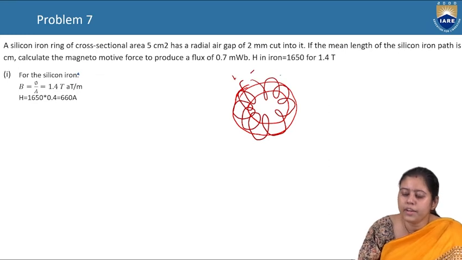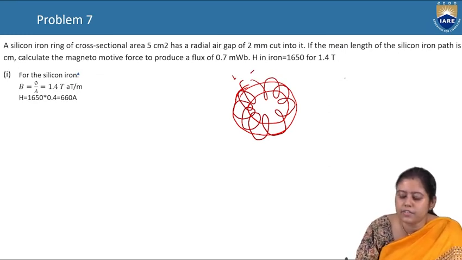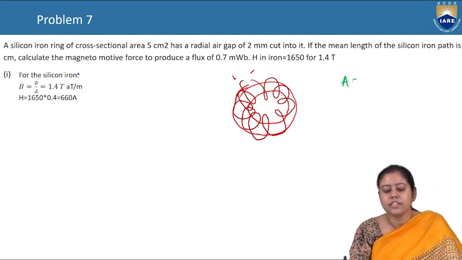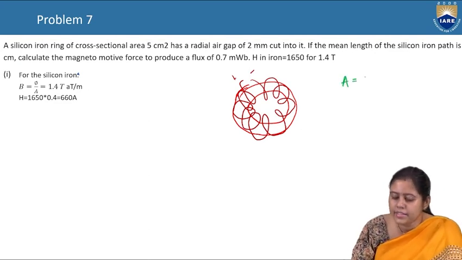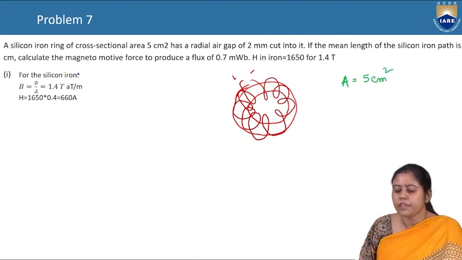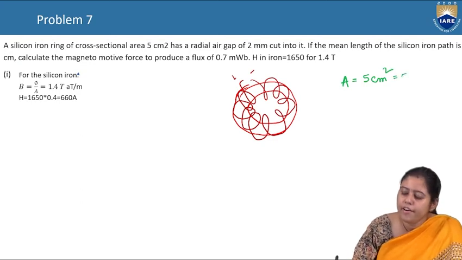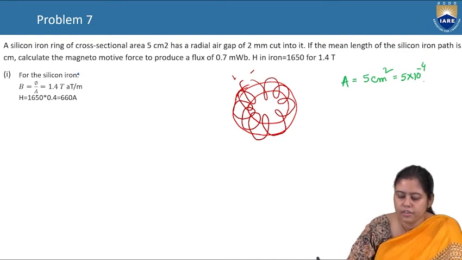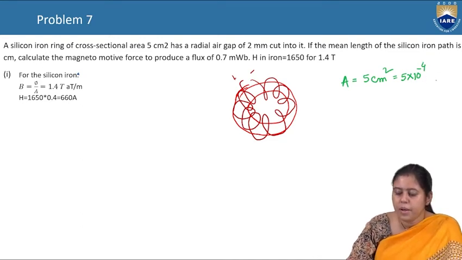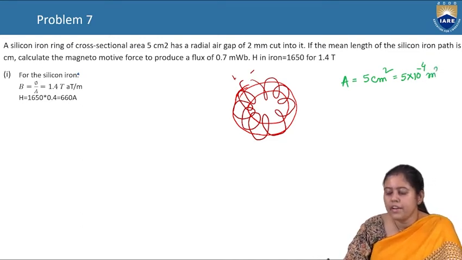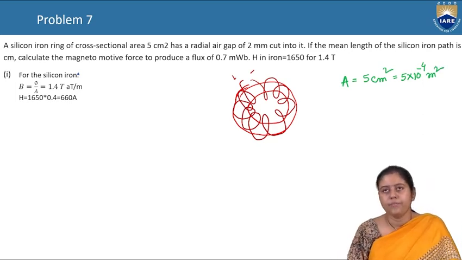Now what we are doing? There is the cross-sectional area. What is the meaning of cross-sectional area? The cross-sectional area is given as 5 centimeter square. So we can write 5 into 10 to the power minus 4 meter square.